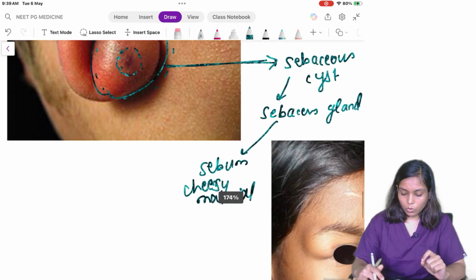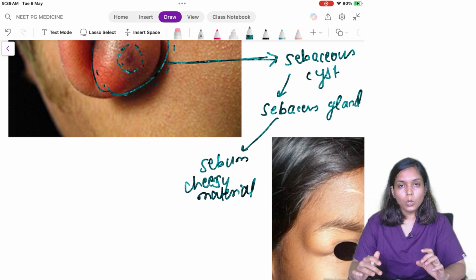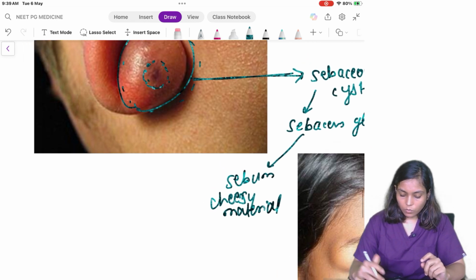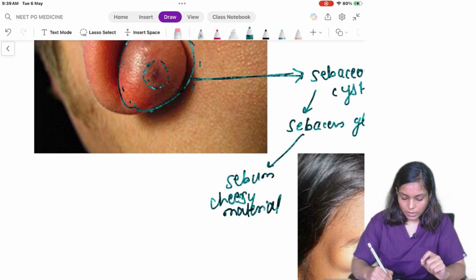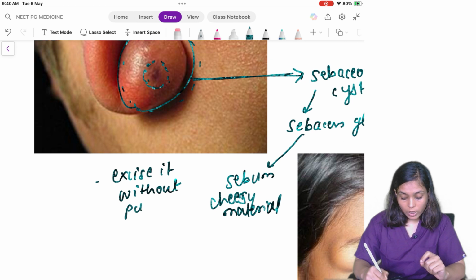Okay, so how to operate a sebaceous cyst? One has to excise it without puncturing it.